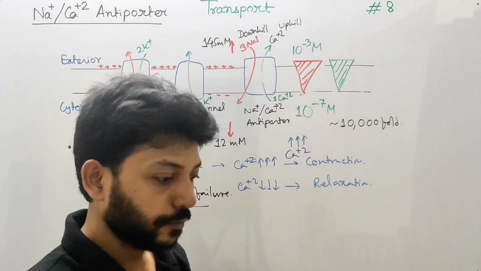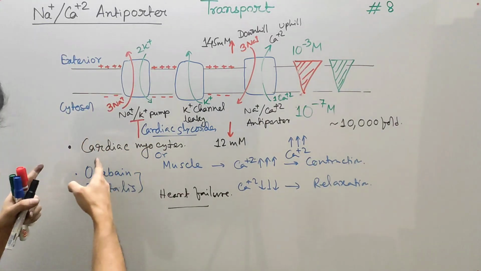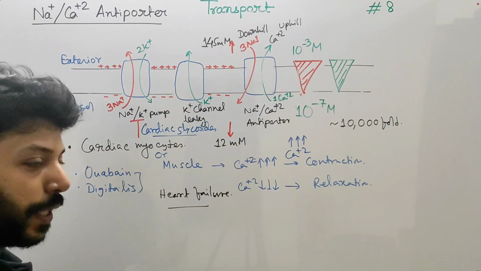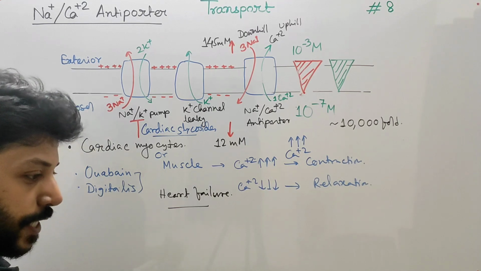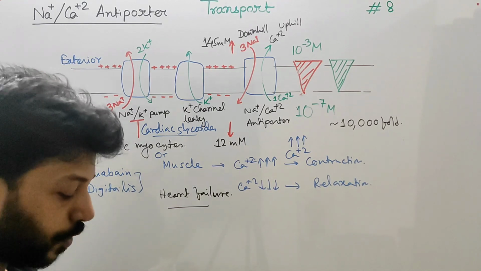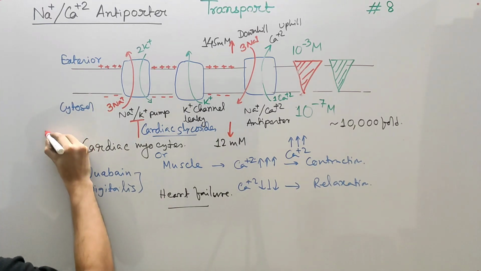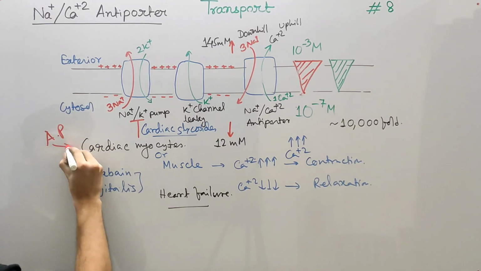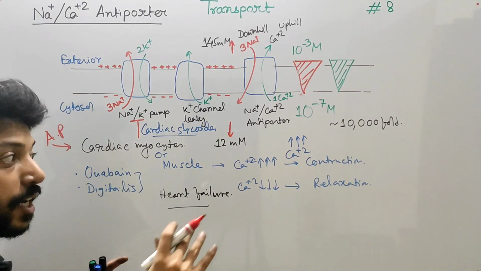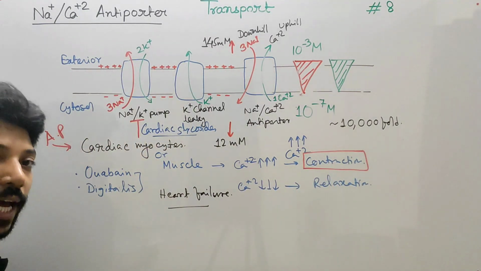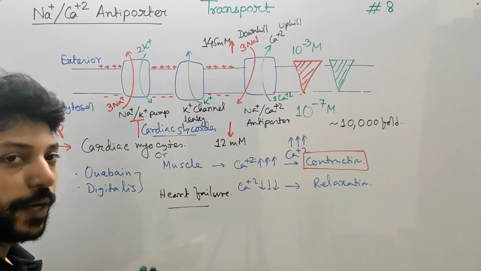Now, this contraction of cardiac myocytes and also the muscles goes through one process, this is very important. Action potential arrives at the cardiac myocytes and then contraction occurs. This is the second phenomenon; the first is that the action potential arrives at the cardiac myocytes.